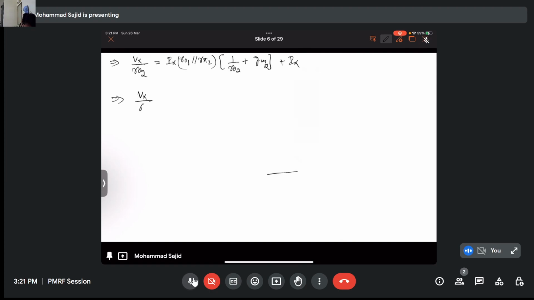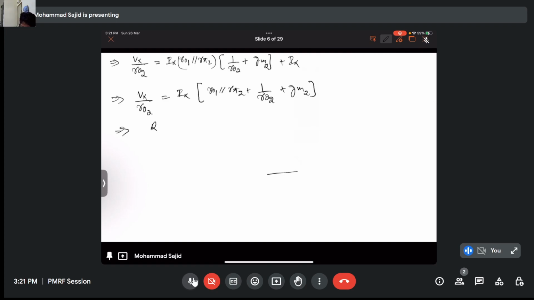So Vx by RO2 will be equivalent to Ix times (RO1 parallel R pi 2 times (1 by RO2 plus Gm2) plus 1).